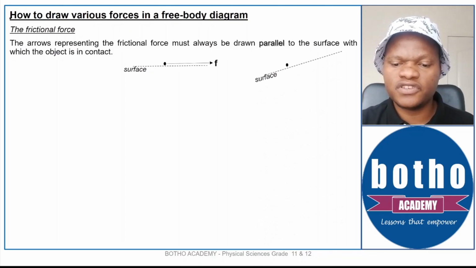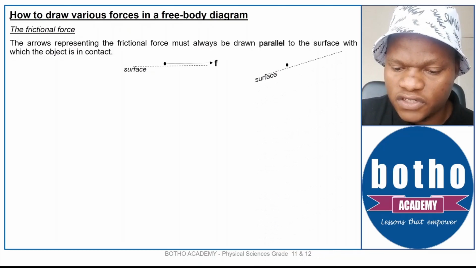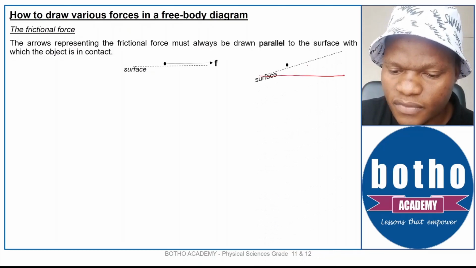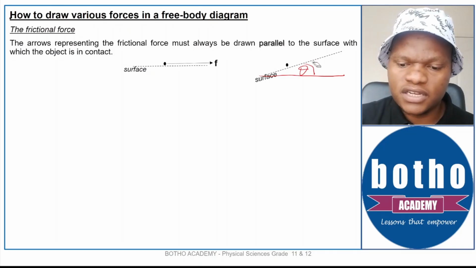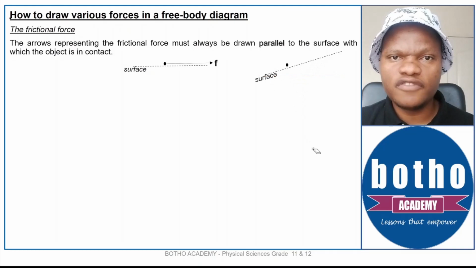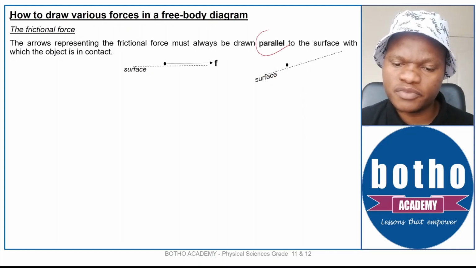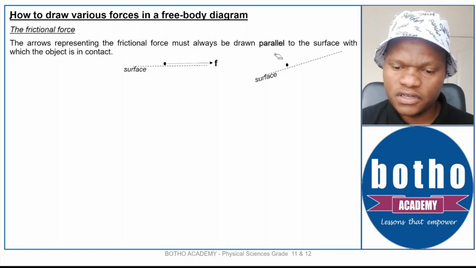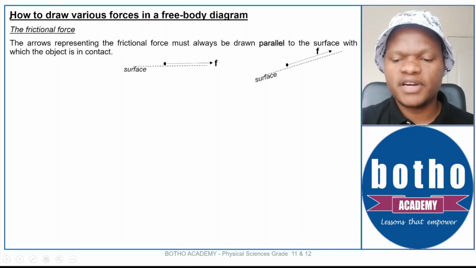If you look at this surface, you can see this is not a horizontal surface, because if this is your horizontal line, there will be an angle here between the surface and the horizontal line. Therefore, this is an inclined surface. On an inclined surface, we also have to remember it does not change the fact that the frictional force must be parallel to the surface at all times. So our frictional force again is going to be drawn parallel to the surface.